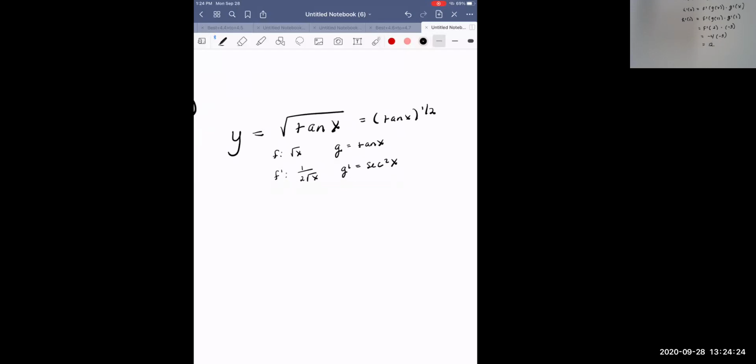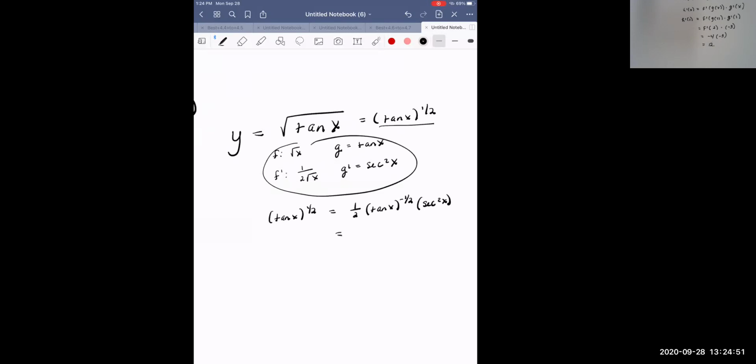So using the chain rule, I wouldn't go through all this work, but you should if you're just learning it or if you get stuck, to make sure. But I would start here and do the following. Use the power rule for the outer function, bring down that exponent, rewrite the stuff inside, subtract 1 from the exponent, and then multiply that result by the derivative of the inside function.